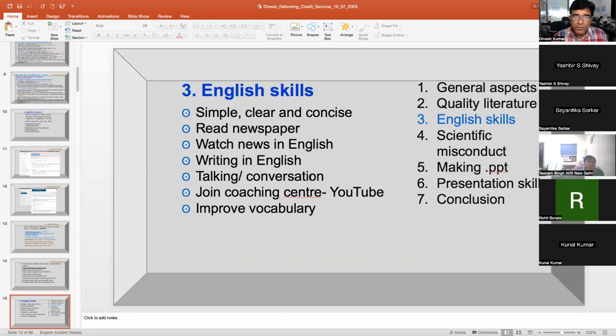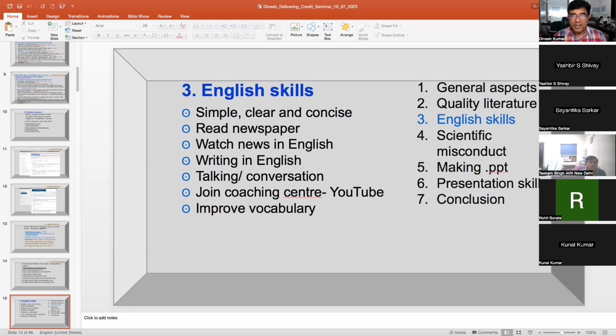First thing is, whenever you speak or write or present, the language should be very simple, clear, and concise. For this, you can read a newspaper daily. I advise the students to read an English newspaper for at least 1.5 hours and watch the news in English. These are very basic things everybody knows.